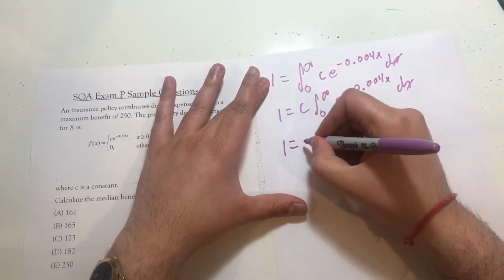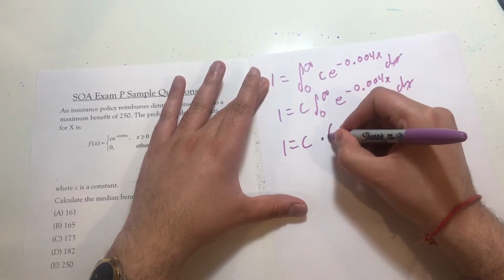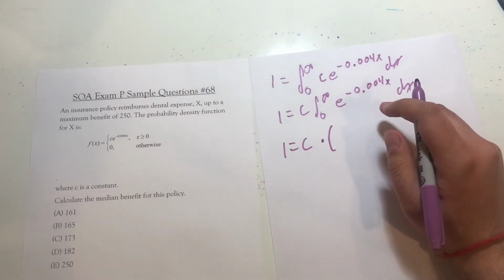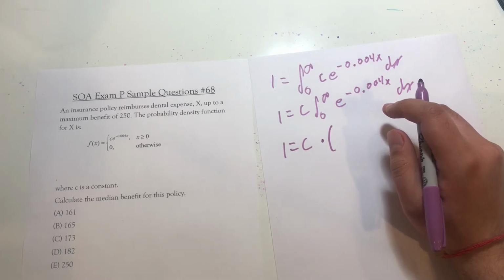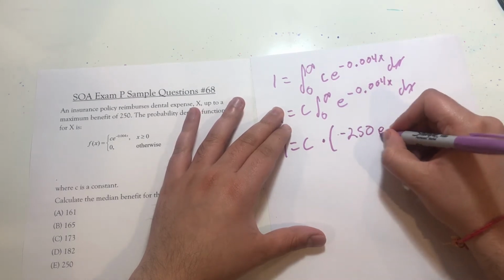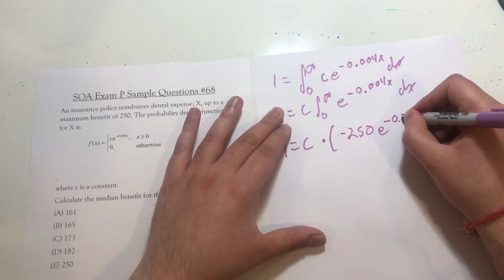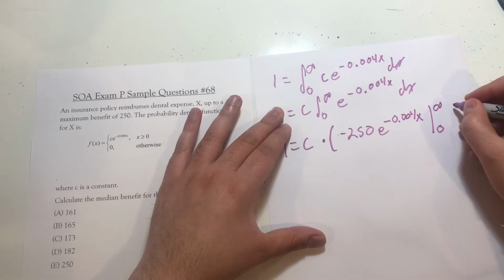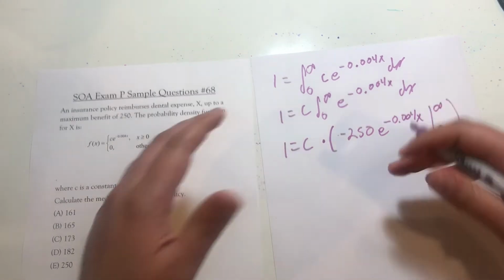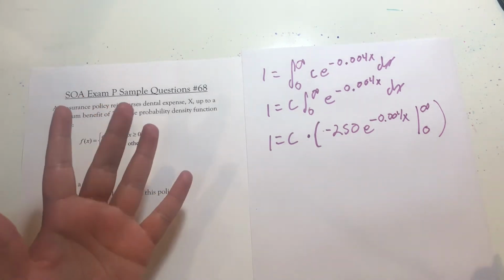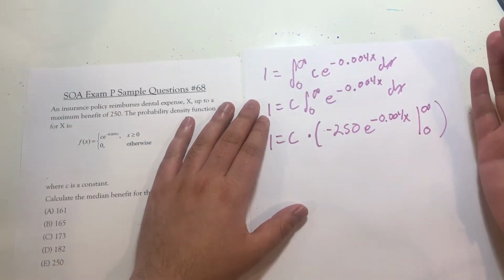Meaning this is going to be 1 equals C multiplied by 1 divided by negative 0.004, which is negative 250, multiplied by e raised to the original thing, negative 0.004 x, evaluated from 0 to infinity. That's just a quick trick. I'm sure other people use it a bunch to integrate e to the something x really quickly without having to do u substitution.